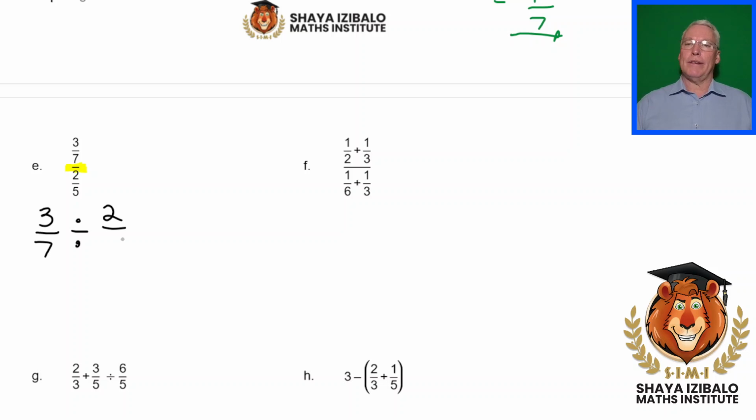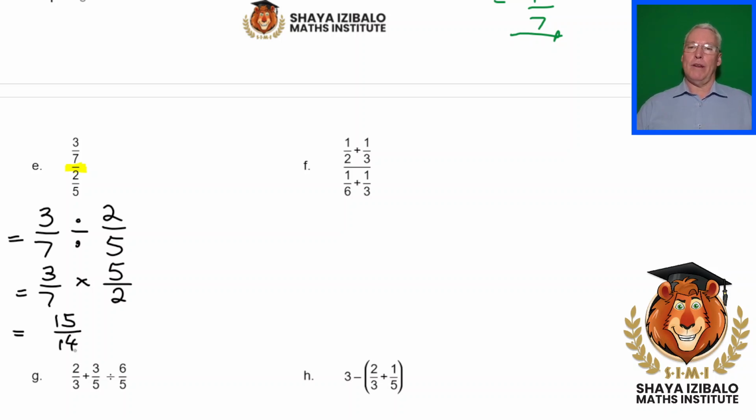And now it probably looks less scary than it looked before. Because what do we do when we divide fractions? That's right. We turn the second one over and we change it to a times sign. So we're going to get 15/14. Final answer.